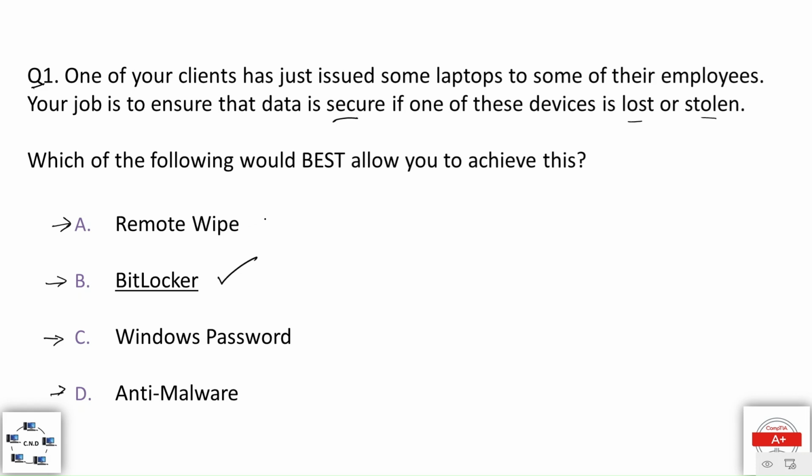Remote wipe is also an option, but it is still risky because before remote wiping your device, the data may already have been compromised. And another thing is that in order to remotely wipe your device, you need network connectivity to that device. So the best option is BitLocker.